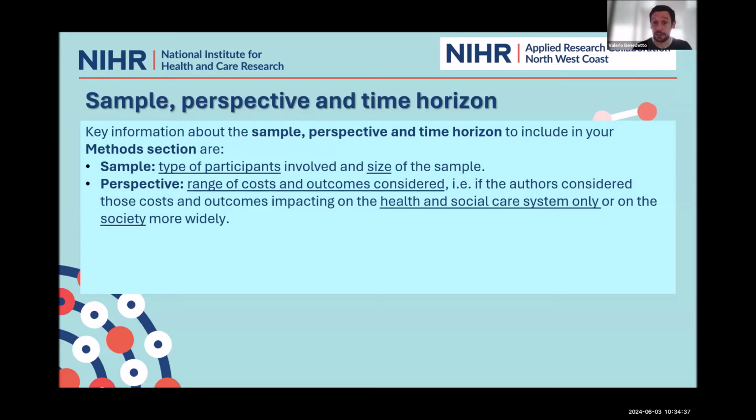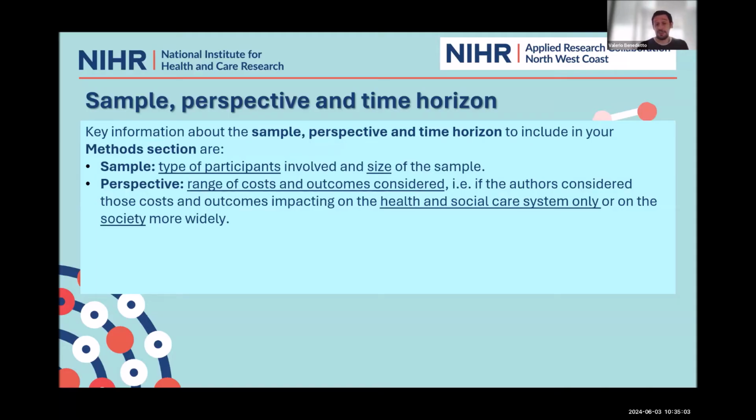Or you can consider costs also incurred by the families, the caregivers, or more generally, the cost for the health and social care system. So, for example, the cost for 10 minutes of consultation with your GP, the cost of a specific type of equipment, and so on. Or even more widely, we can consider the costs and outcomes for society as a whole.